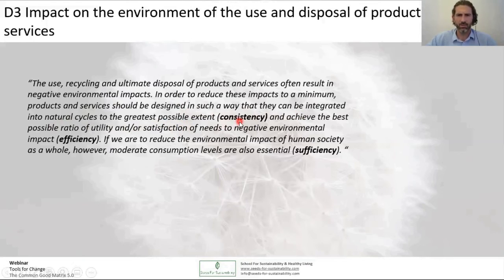That's the criteria of consistency, and achieve the best possible ratio of utility, satisfaction and needs to environmental impact. That's the efficiency level. And that's the third component. If we are to reduce the environmental impact of human society as a whole, however, moderate consumption levels are also essential. And that's the sufficiency.